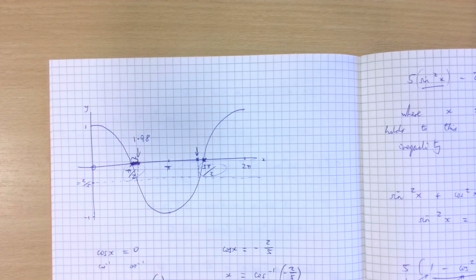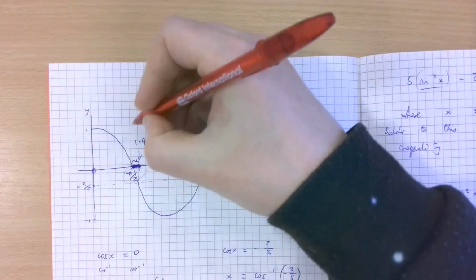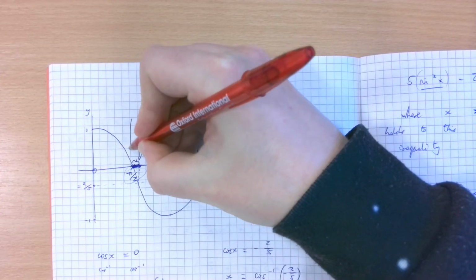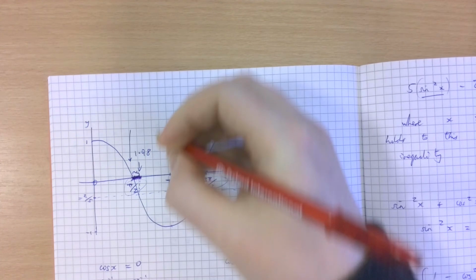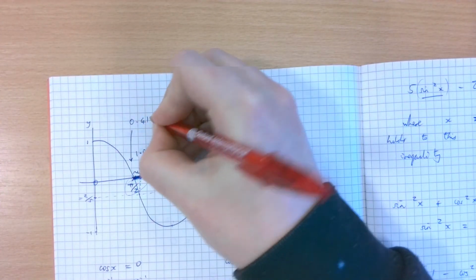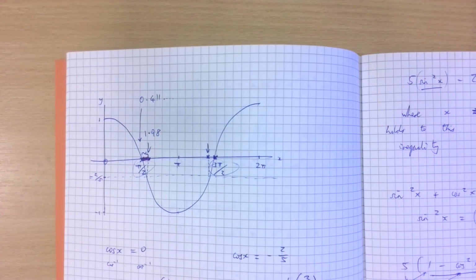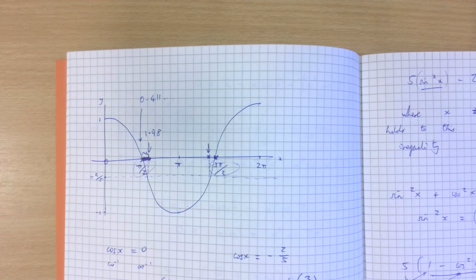And that's important. So that gap is, having just taken away pi over 2 from 1.98, 0.411 and continues.